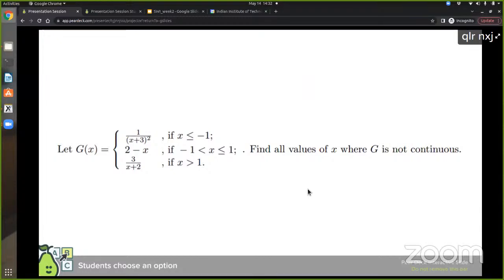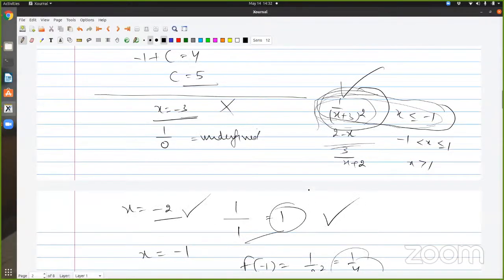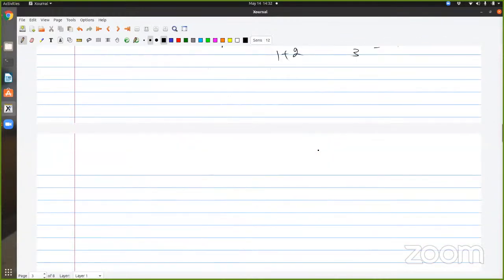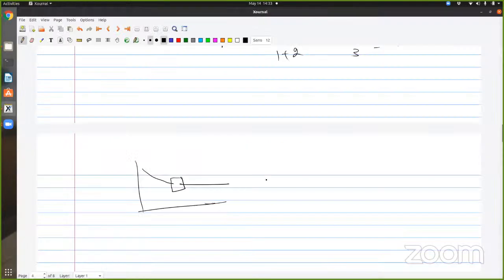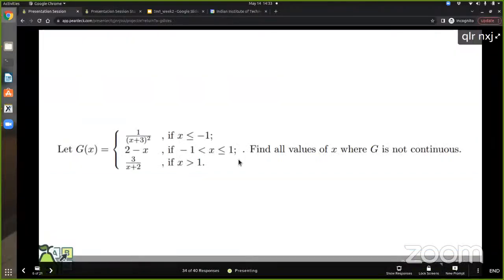Undefined means the function is not defined there. Even if the nearby point is also undefined, that doesn't mean the function is continuous, because the function itself is not defined. Yes, thank you.